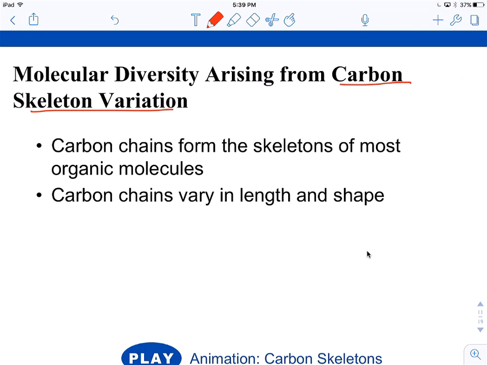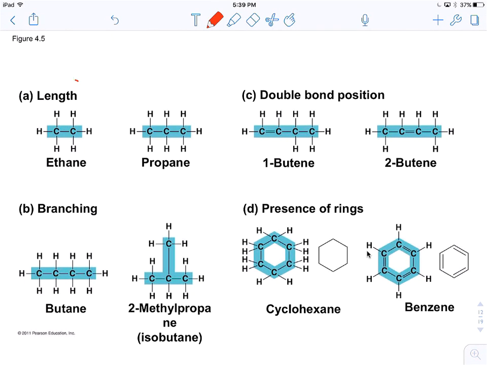Carbon chains form these long rows of carbon that branch or bend or twist or circularize, and we call this the carbon skeleton, like the bones of your body. Carbon chains can vary in length and shape. Let's look at a few. So here they vary in length. You can have 2 carbons, 3 carbons, 10 carbons, 100 carbons in a straight line.